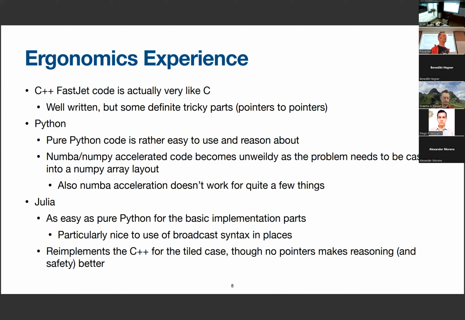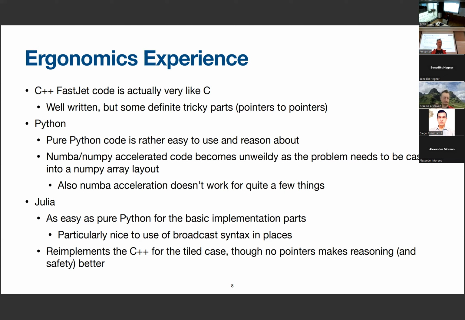Python, yeah, the pure Python code was very easy to reason about and to use, so it was a very pleasant programming experience. Obviously, the runtime was disappointing. As I already mentioned, the NumPy Numba accelerated code was hard because you need to cast the problem into these NumPy array layouts. And if you think about the algorithm, it doesn't really naturally fit into array structures.